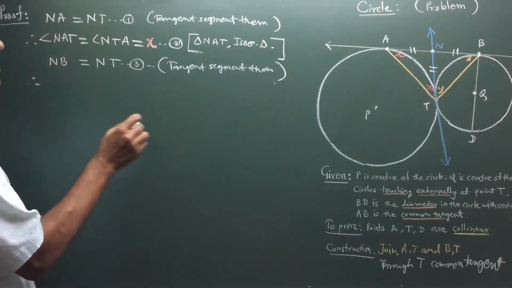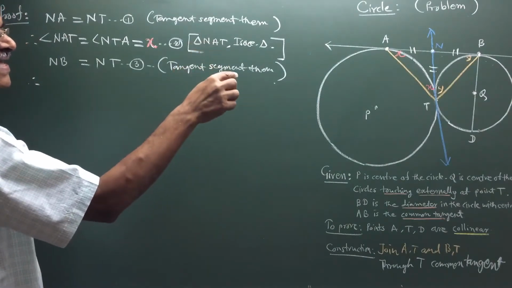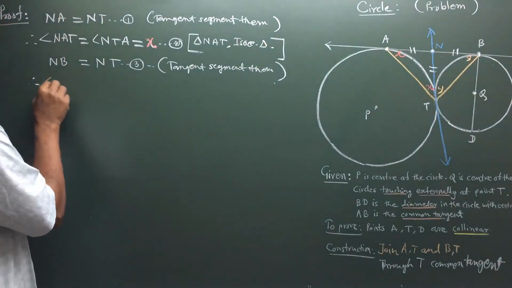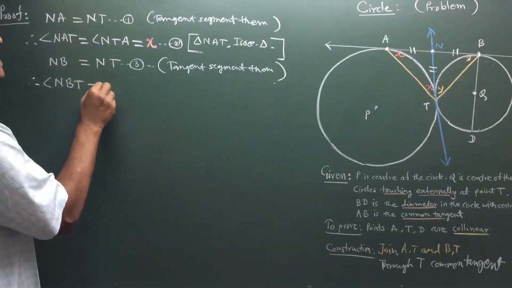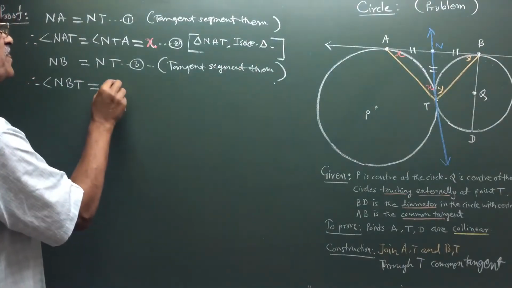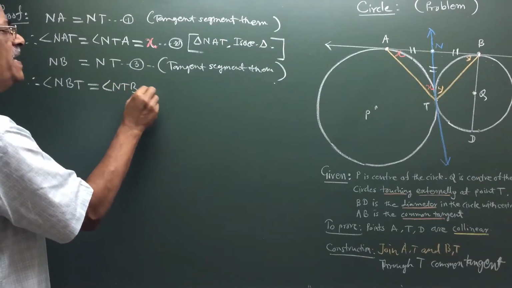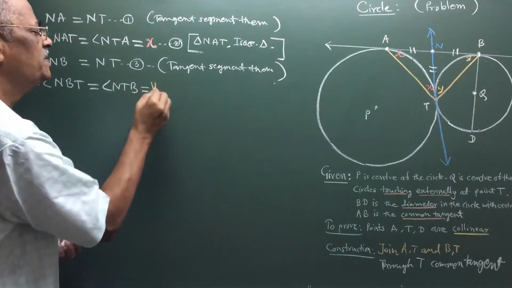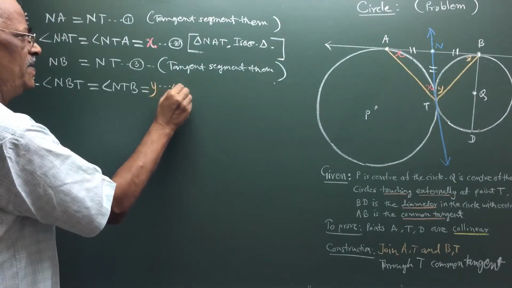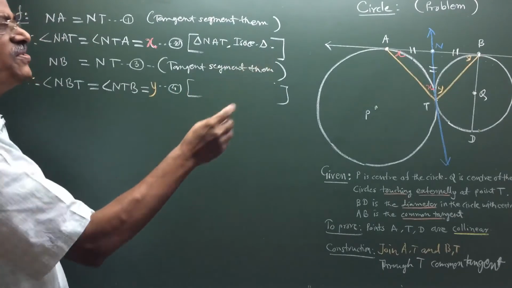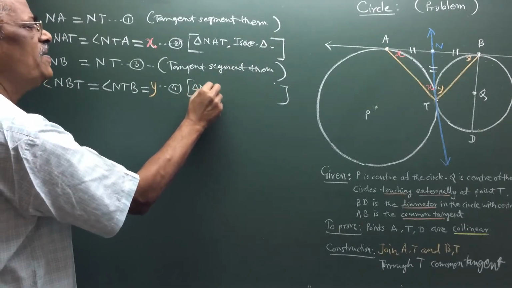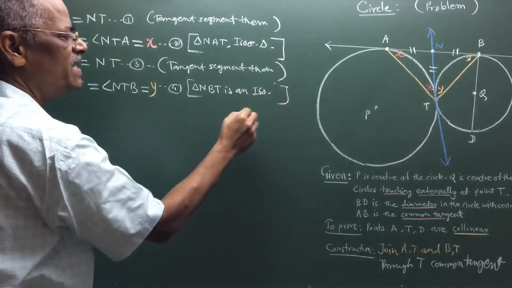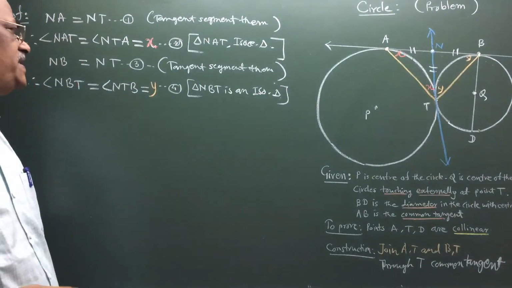So we can start with angle NBT is equal to angle NTB. Reason: it is an isosceles triangle. NBT is an isosceles triangle.